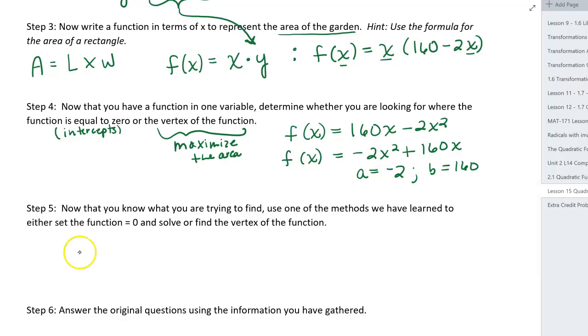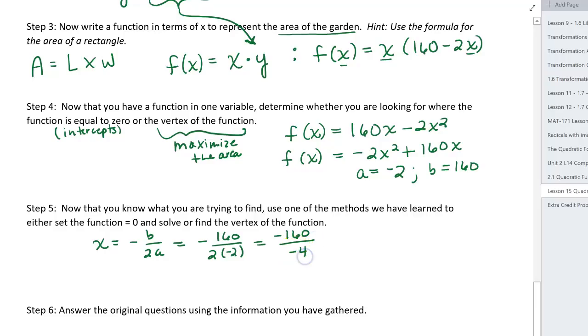And so we can use our formula, x is equal to negative b over 2a. So that would be negative 160 over 2 times negative 2, which would be negative 160 over negative 4, which is going to give me 40.